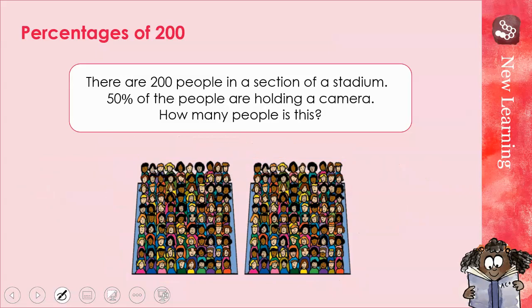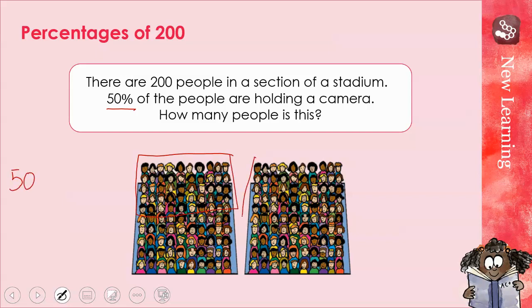Let's have another look. Same 200 people in this section of the stadium. This time I want to find 50% of them. So there are a couple of ways I could do this. The first way is to say, okay, well, there's 50% of that set, which is 50 people.